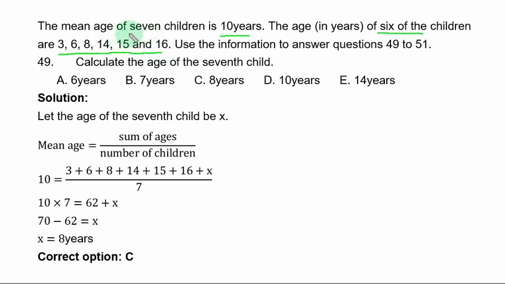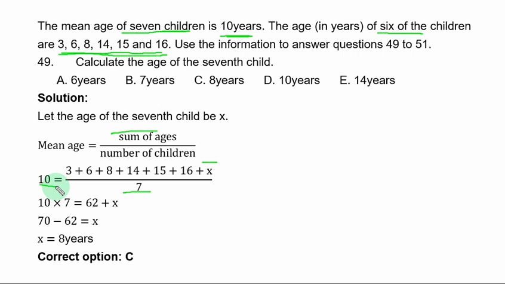If you go by the question, the mean age of all the 7 children is 10. And you know, mean is the summation of the items over the number of occurrences. So mean age is equal to the sum of ages over the number of children. Now you have the ages for 6 children, for the seventh child, S, you add it to it over 7, the mean age is 10.